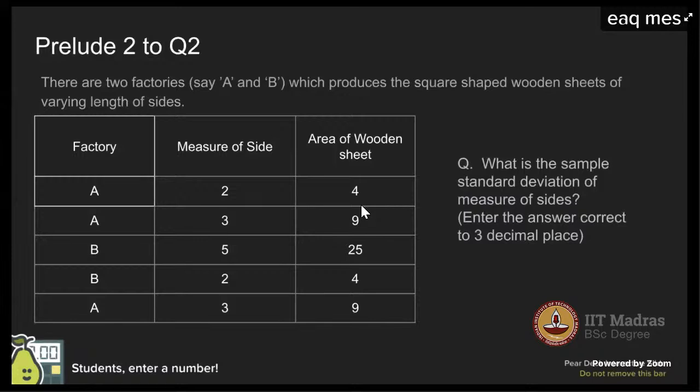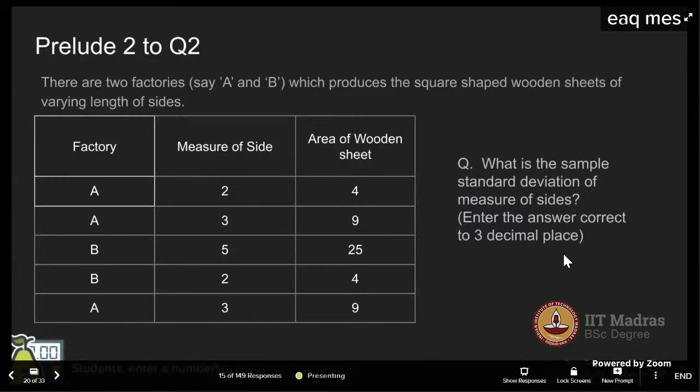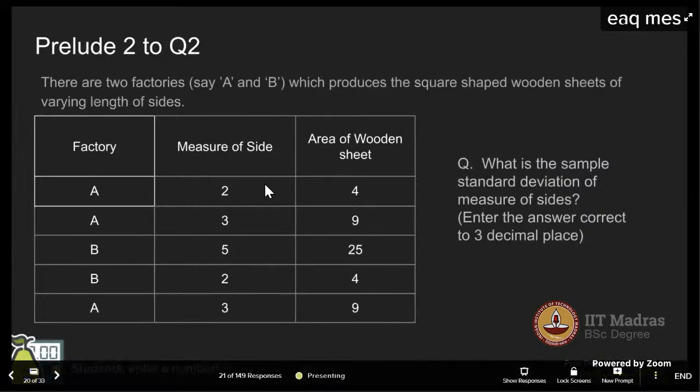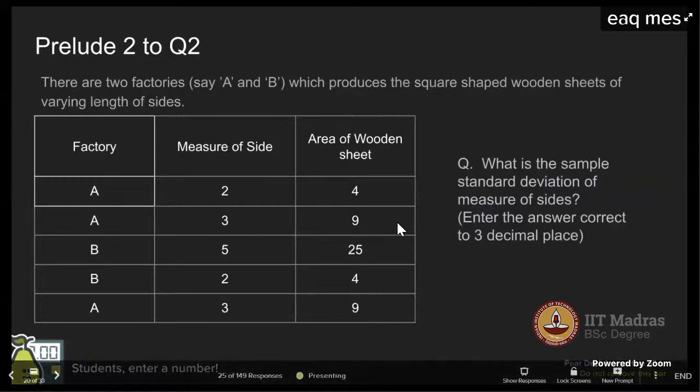No, we are not asking anything dependent on the factory. We are asking in general. Here in the question, it's a general thing, right? We are asking about the general data. We are not taking factory into consideration. We will take it in further questions. But for now, we are not taking factory or area into consideration.